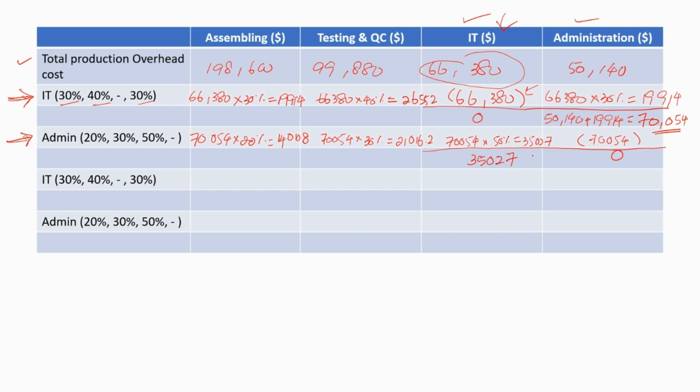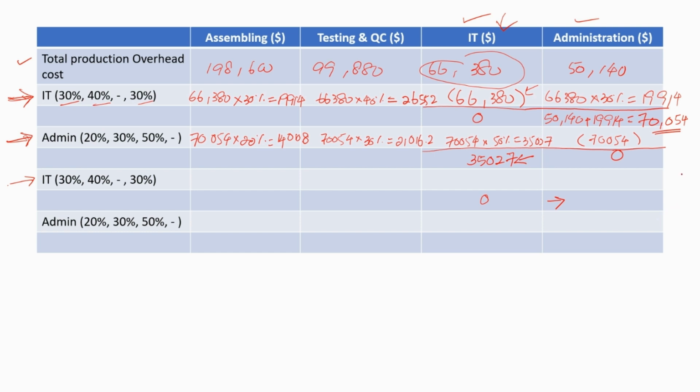Now we have to again distribute this value among other cost centers, including the administration service cost center. Now you can identify the pattern. After we distribute this amount, the value for IT will be 0 and there will be a value for administration again. We are repeatedly distributing the service cost centers' overheads until these values become 0.